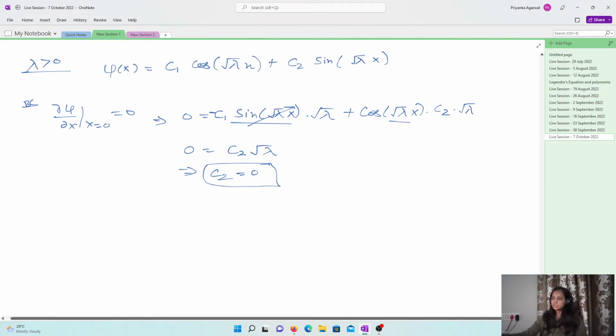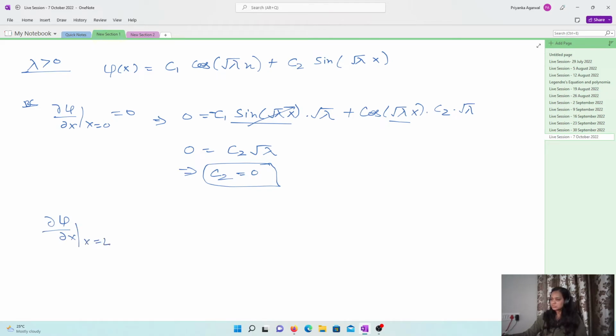Now we apply the other boundary condition, which is del psi over del x at x equals L, which is equal to 0.